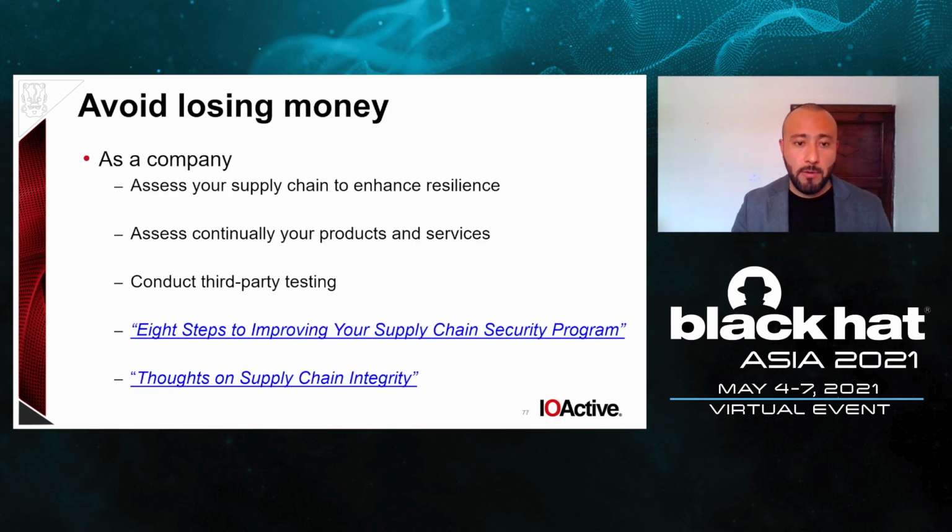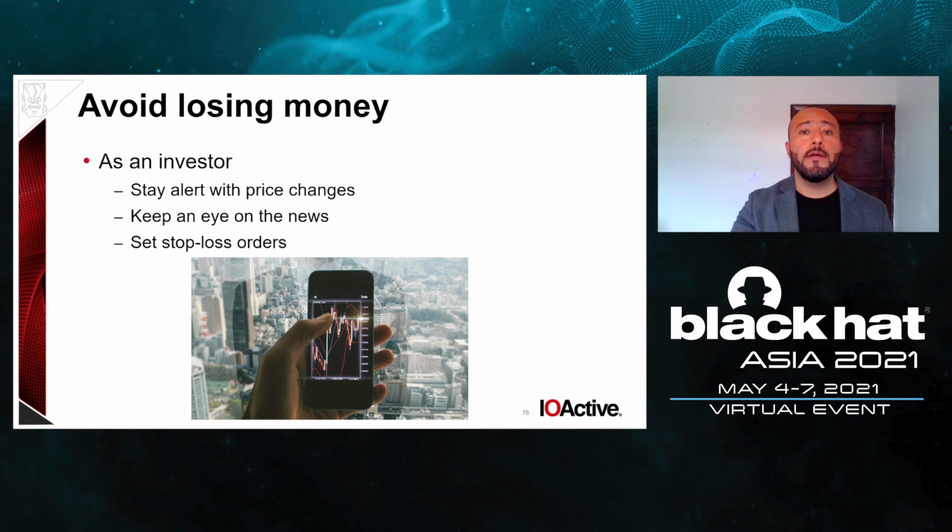And I will leave you these 2 articles for companies, which are recommendations based on what we've seen before, on how you can assess your supply chain to enhance resiliency, how you can continually test your products and services, and other things you can do to improve your cybersecurity.